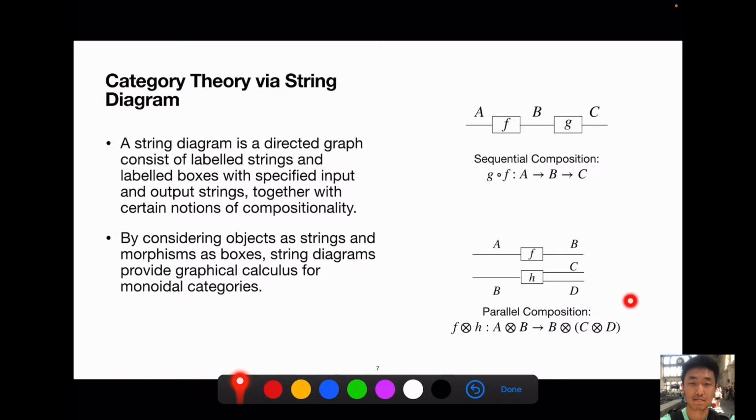And here we have the parallel composition of the box F and the box H. We can think of this in terms of the category of Hilbert spaces, and we would have the tensor product of linear transformations between A and B and the tensor product of C and D. And by considering objects as strings and morphisms as boxes, string diagrams provide graphical calculus for monoidal categories.